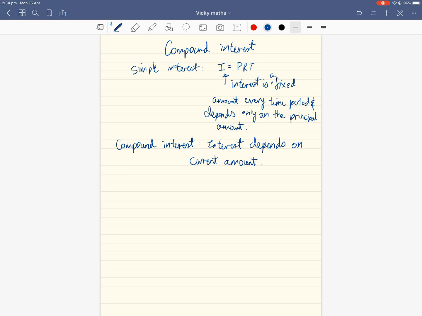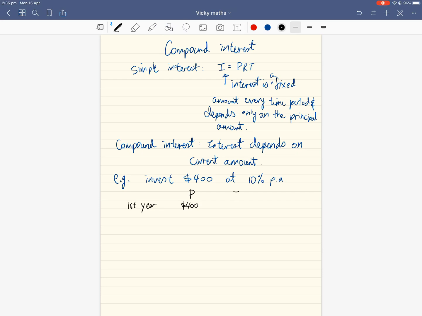So what I mean by that is, let's look at an example. Suppose we invest $400 at 10% per annum. Now, per annum means per year. So let's have a look at this. In our first year, the initial amount that we start off with is $400.